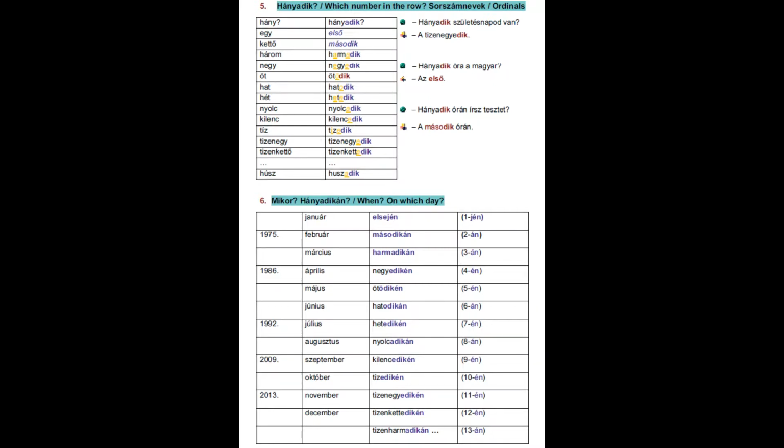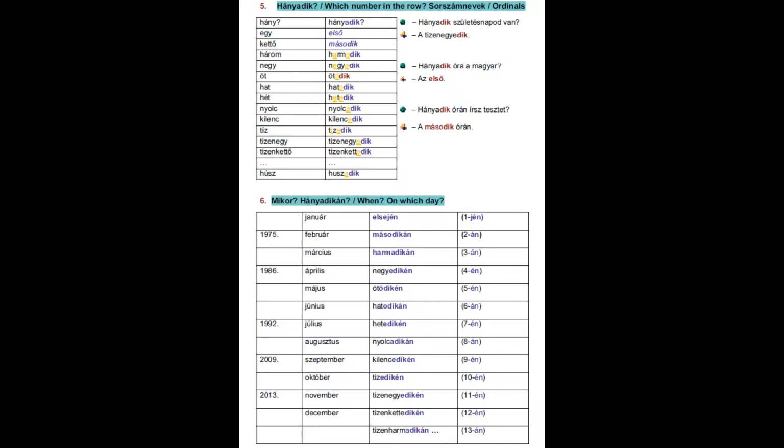Now, these should be a little easier if you've been doing your journal, because you've been practicing and writing your ordinals. But let's do this now. So, január elsején. Okay, január elsején. In the right column, you see how you can write it. You would write elsején. You can write it with the numeral 1 with a dash and a yén.